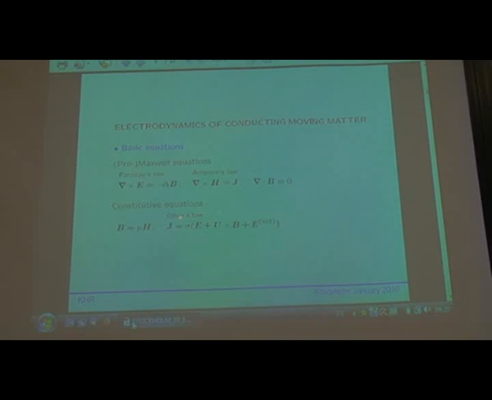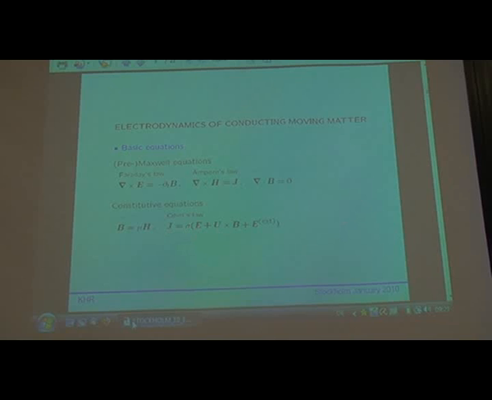Ohm's law looks in general a bit more complicated. In general means without the restriction to small velocities. Firstly, you have in addition the convection current, electrical charge density times U. And this is of the order V over C squared compared with J, and so it is neglected.